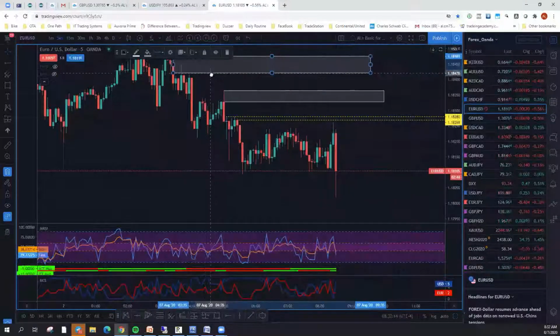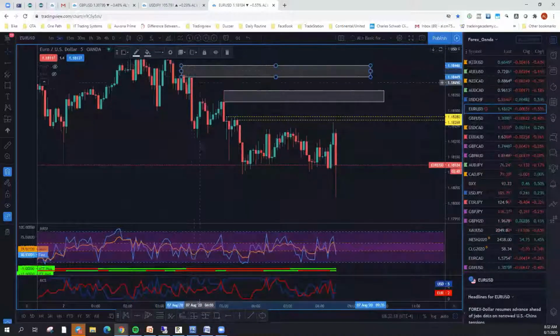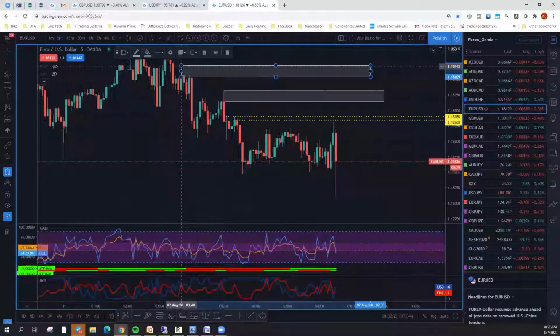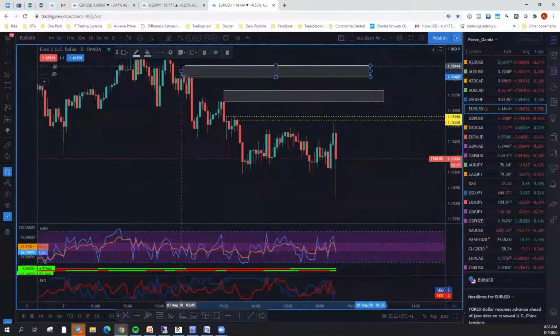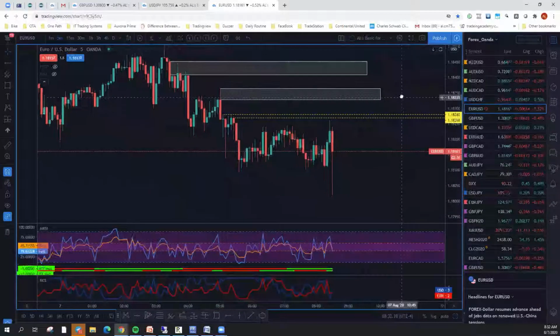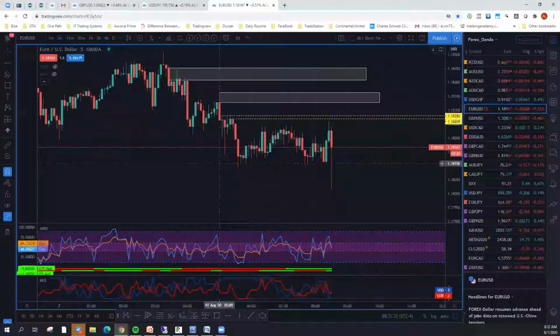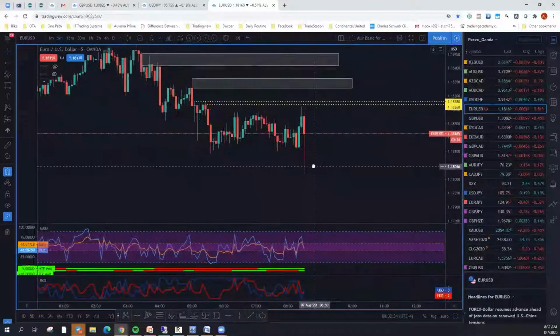On the 5-minute, I would have brought this one down and used this for the target region. You can see the top of this wick here is pretty much right at the top where that red body is. So yes, the wicks are very important. The wicks are basically where the battle goes between the buyers and sellers, and then eventually one or the other wins out.